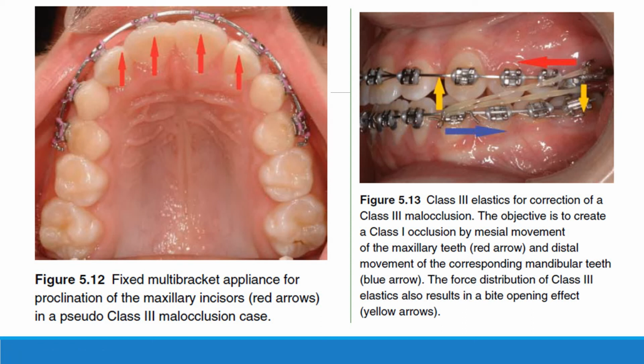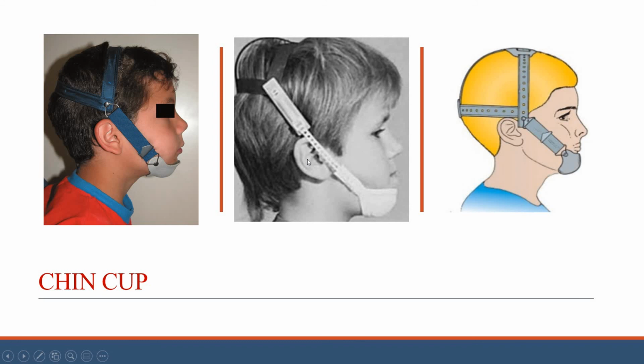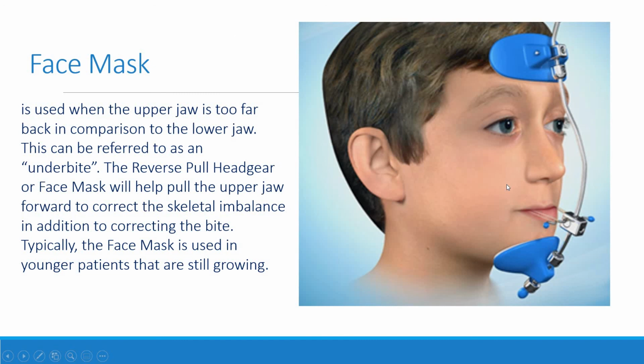The reverse pull headgear is a very important part of orthodontic treatment. A reverse pull headgear will help to improve the upper jaw, moving the upper jaw forward with growth, which is critical to do at a young age, thereby reducing or possibly eliminating the need for very involved jaw surgery later in life.